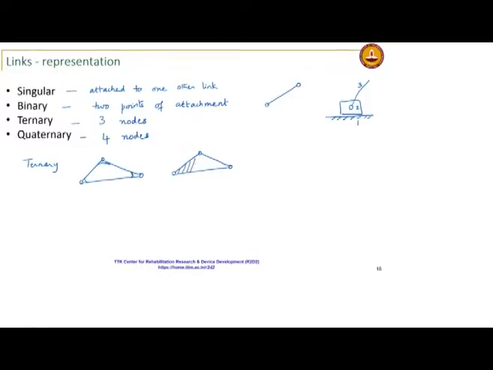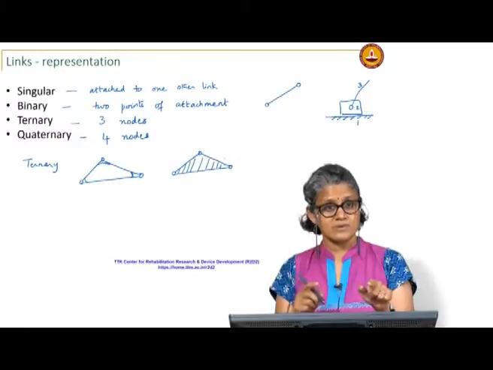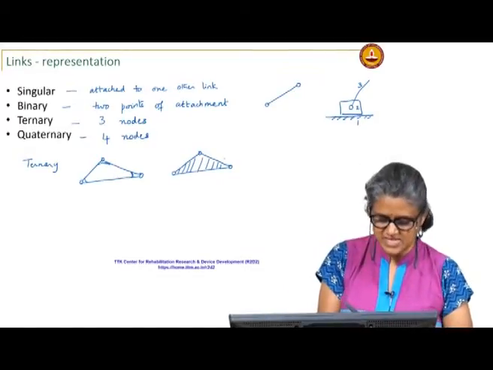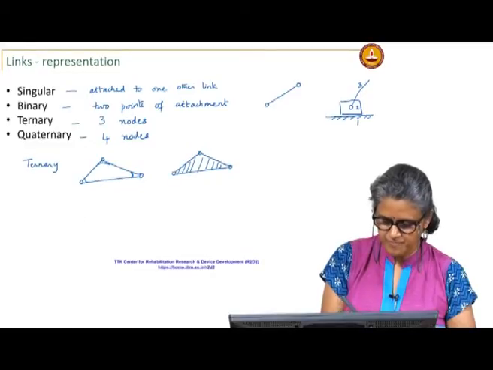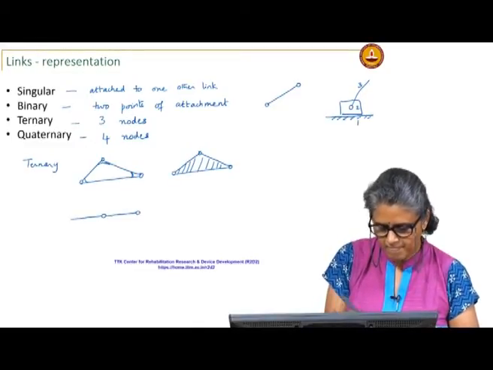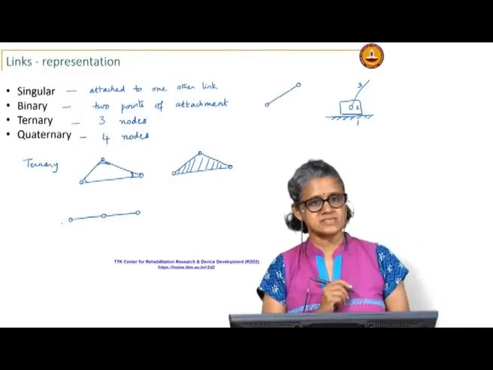We will see later why it is not always necessary in the case of a triangular link like this, but it is especially important if you have a ternary link like this.